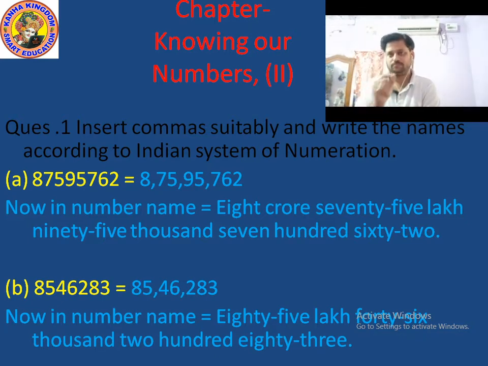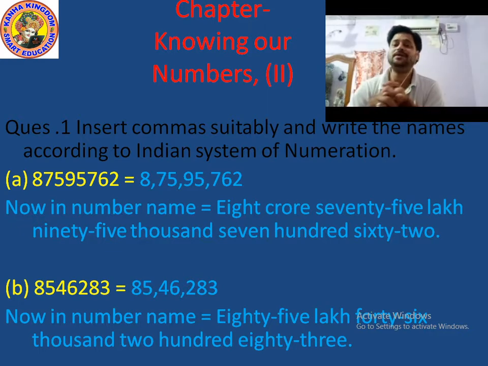382 comma 64 comma 58. And when you read these digits from the left-hand side with commas, how? 85 comma 46 comma 283. Understand?